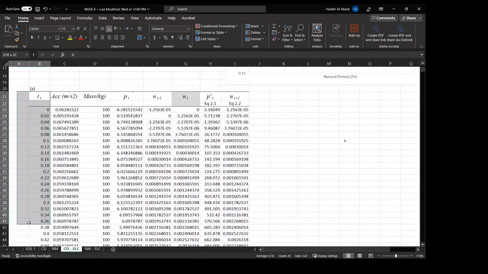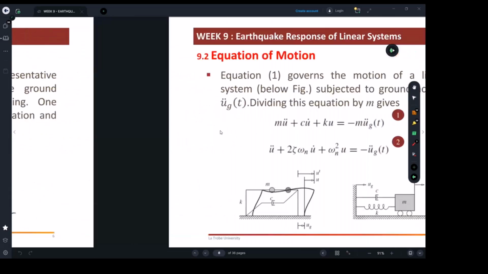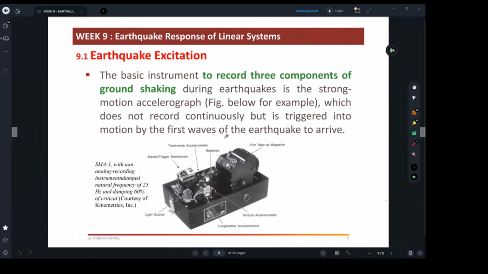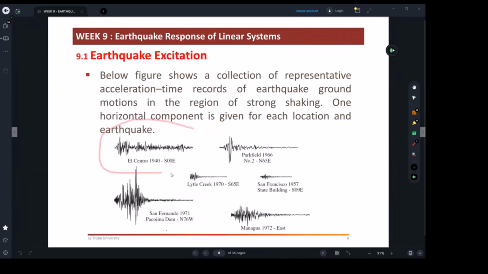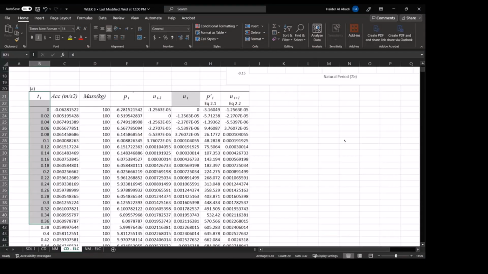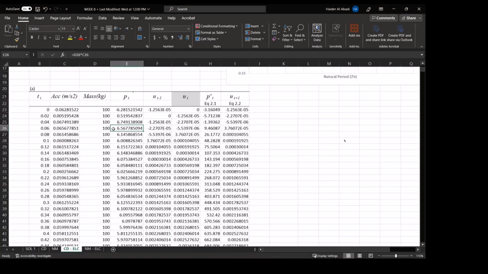I'm just listing a time that will be given to you. That's basically from scientists, where equipment like this is used to measure ground excitations. And this ground excitation I have plotted here. This is the time, and this is the acceleration, meter per second squared, right?